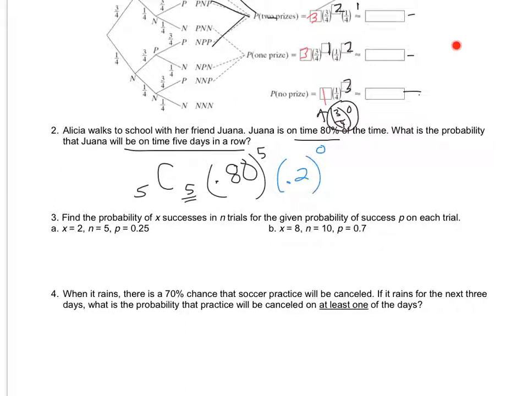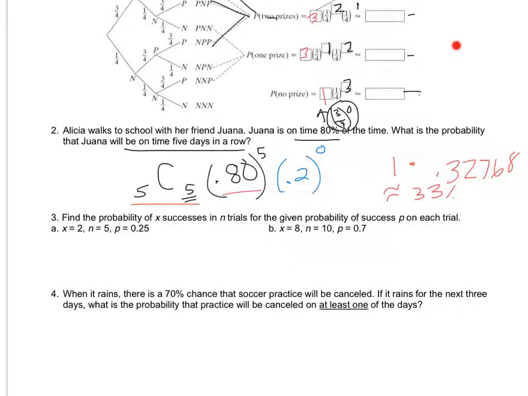So in your calculator, you calculate 5 choose 5, which happens to be 1, and then you do 0.8 to the 5th power, and that is 0.32768. So that is about 33% chance.